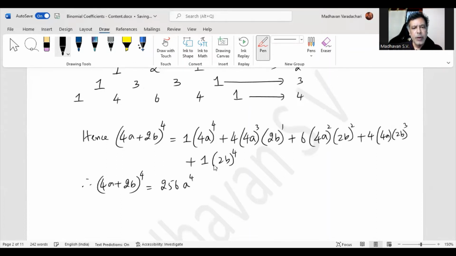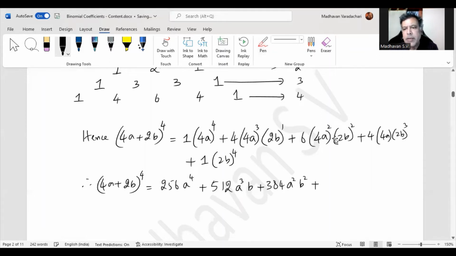times a power 4 plus, now let us calculate this: 4 into 4 cube into 2. 4 into 4 cube into 2, we will get 512. 512 a cube b plus, next is 6 into this 4 square is 16, this 2 square is 4. So 6 into 16 into 4, we get 384 times a square b square.